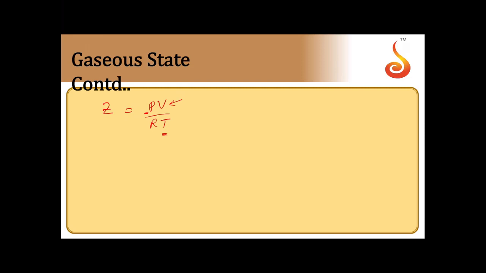Suppose the volume is less than its ideal volume, then PV is going to be less than RT. At a given temperature, if the volume is less than its ideal volume, the product PV will be less than RT. If PV is less than RT, then the value of Z will be less than 1.